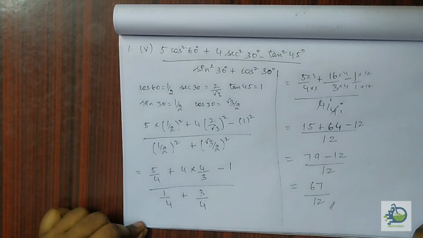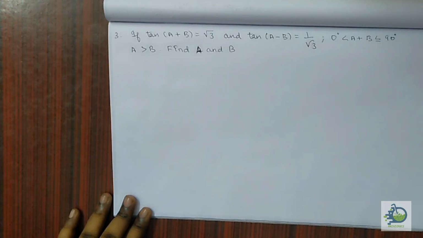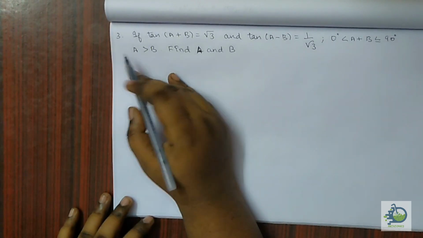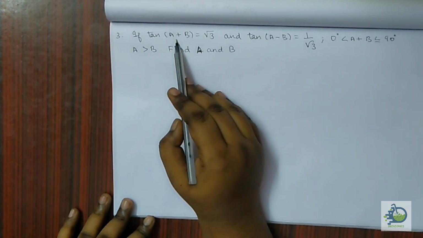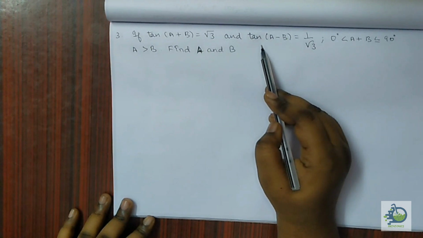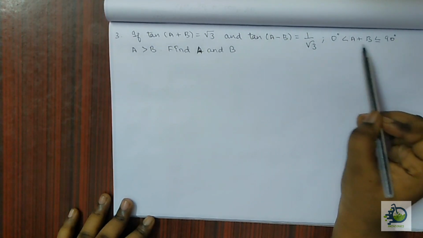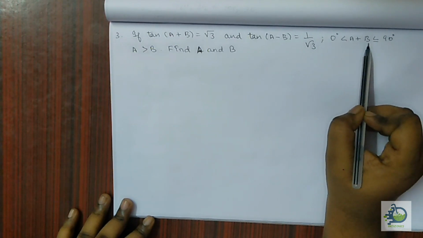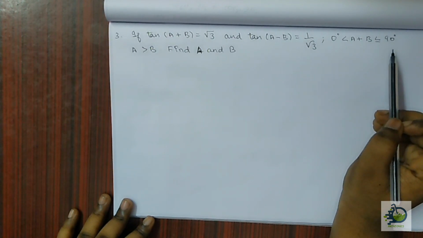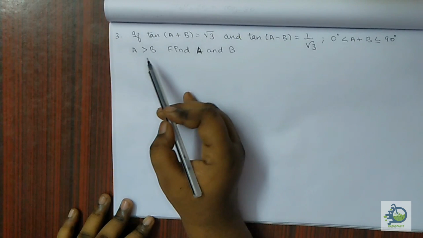Simple. Let's do another problem in exercise 8.2, third sum. It is, if tan A plus B is equal to root 3 and tan A minus B is equal to 1 by root 3, and the sum of the angles A and B lies between 0 degree and 90 degree.